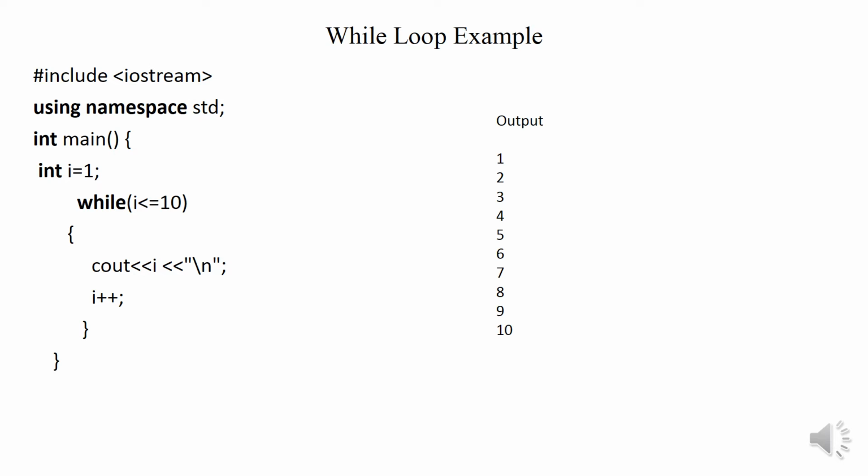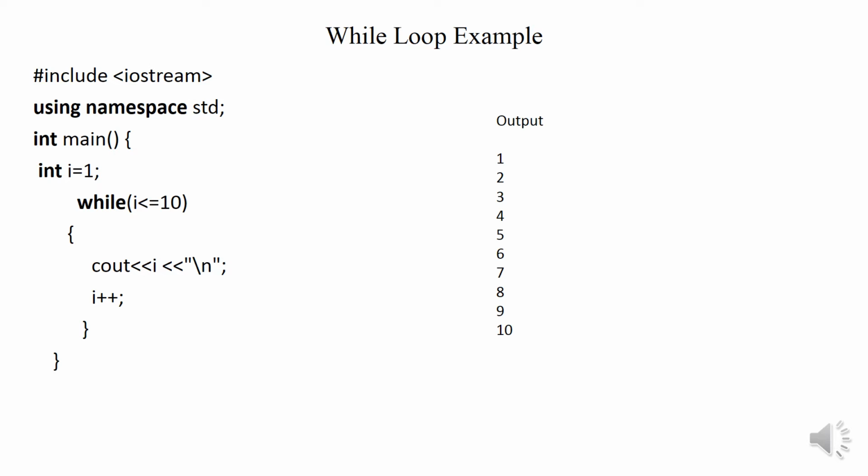So here the initialization of the variable is on a different line, that will be initialized before the while loop. So that is also the difference. In for loop we define the initialization in the loop, but in while loop we define initialization before the while loop starts, or before the controller reaches the while loop.